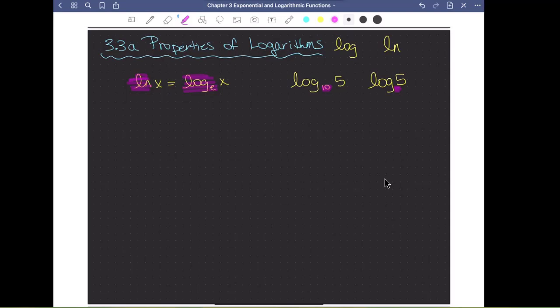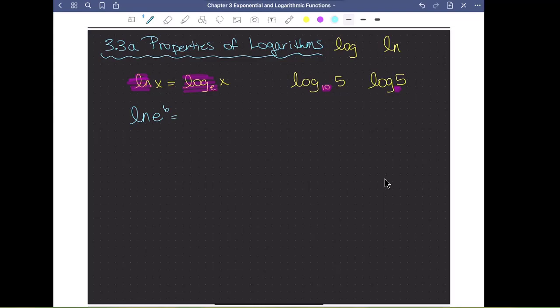Okay? So let's talk about our little natural logs for a real quick hot minute. So let's say I had the natural log of, let's say, e to the 6th. Right?